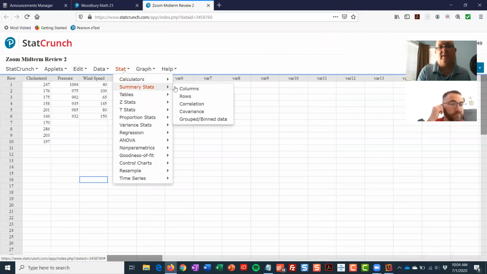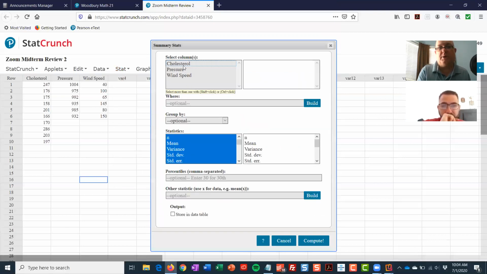Stat, summary stats, columns. Pick the column that you want. The ones that are already selected have everything I want in it, right? Q1 and Q3 are there, min and max are there. Also, the median is there. So I'm going to take all the ones that they've done, and I'll just ignore the ones I don't need.